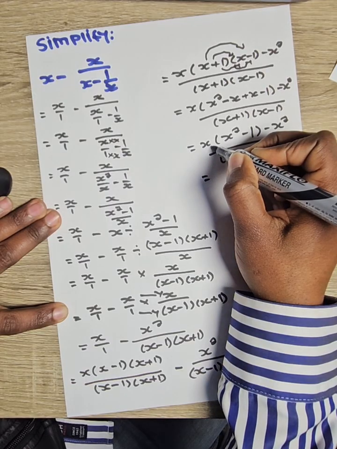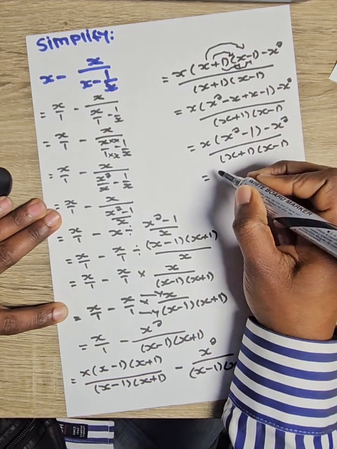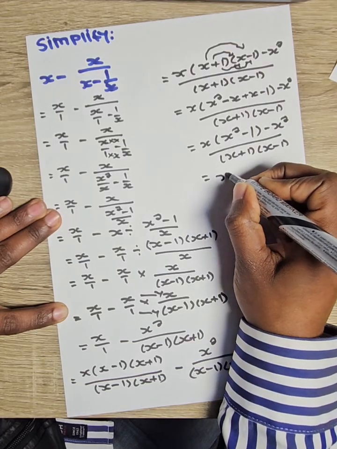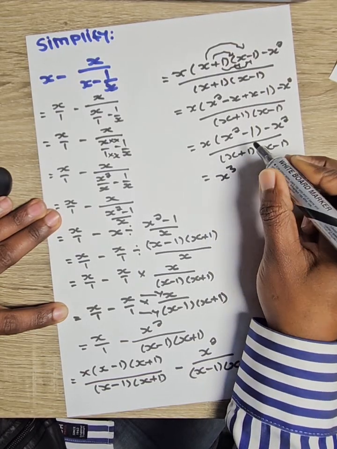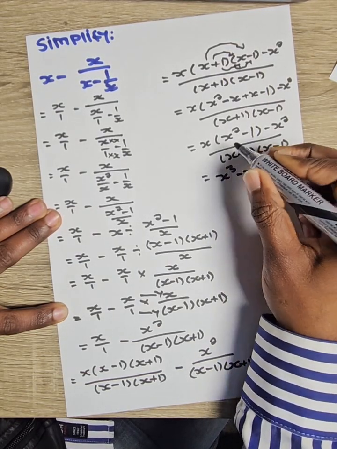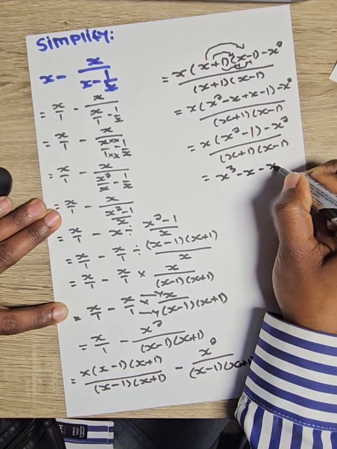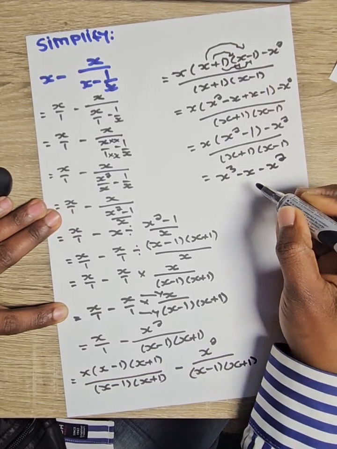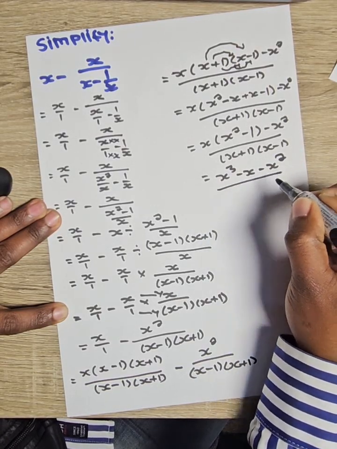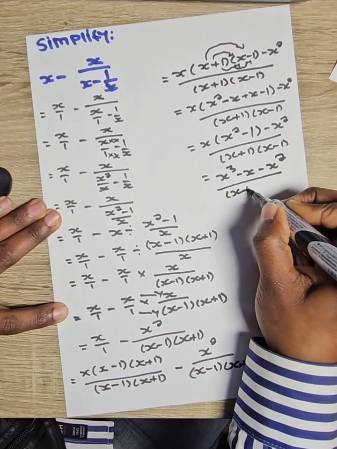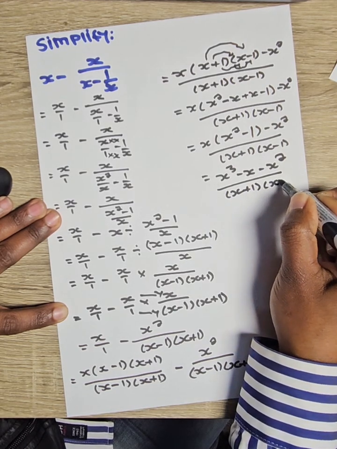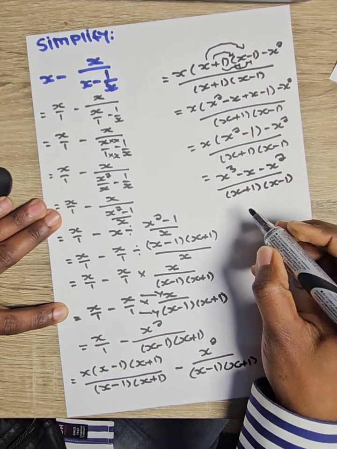Multiply the x by both terms inside the bracket. x times x squared is x cubed. x times minus 1 is minus x. Then bring it down: your negative x squared over x plus 1 times x minus 1.